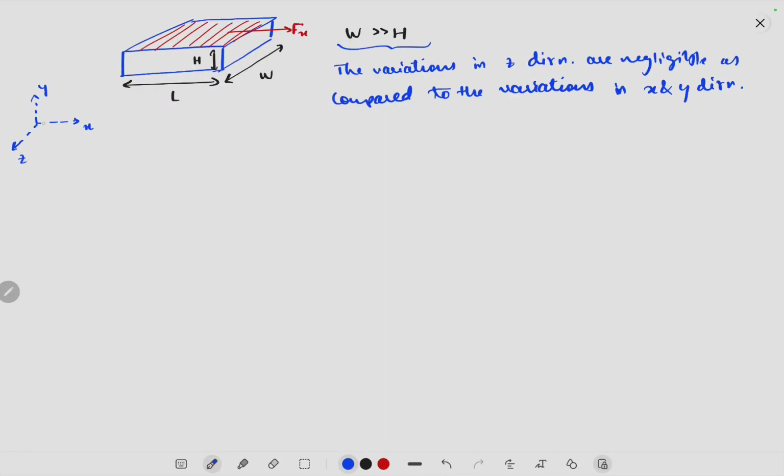So now, since this third dimension is not important, we can visualize this problem in just 2D. In 2D, this problem would look like that: we have this surface, the height is h, the length is L, and a force Fx is applied on top of the surface.